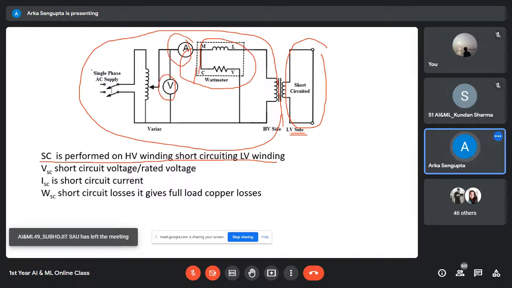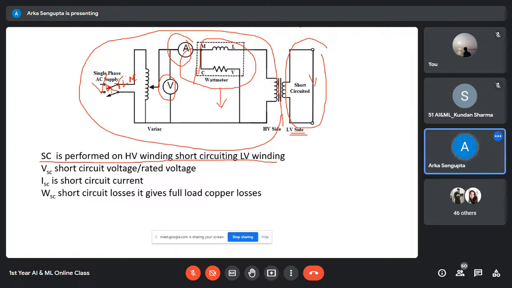The voltmeter is connected here. There will be a variac, a voltmeter, an ammeter, and a wattmeter. This wattmeter would be giving us the copper loss of the transformer. Why copper loss?